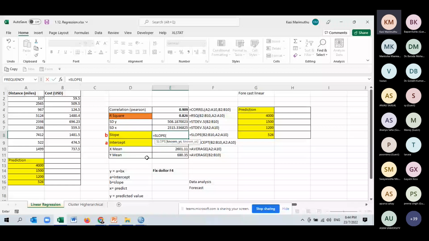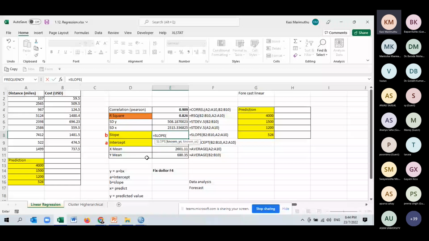So for teaching students the concept of regression, Excel will do the purpose. So equal to SLOPE, we need to go for the known y and the known x. So select this y variable, comma, select the x variable. Close the bracket, enter.